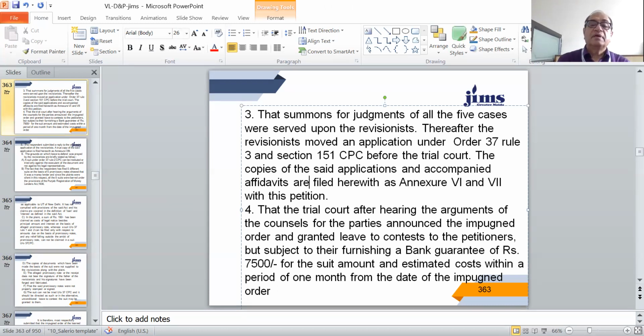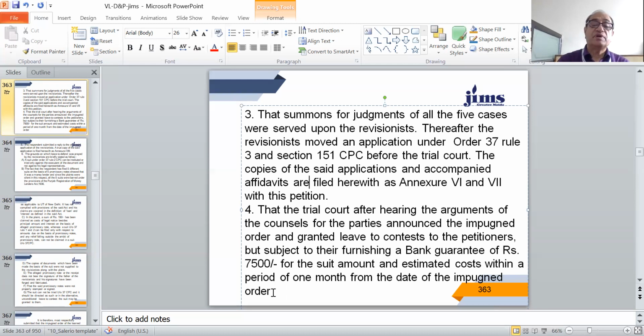Para 4, that the trial court, after hearing the arguments of the counsel for the parties, announced the impugned order and granted leave to contest to the petitioners, but subject to their furnishing a bank guarantee of rupees 7,500 for the suit amount and estimated cost within a period of 1 month from the date of the impugned order.